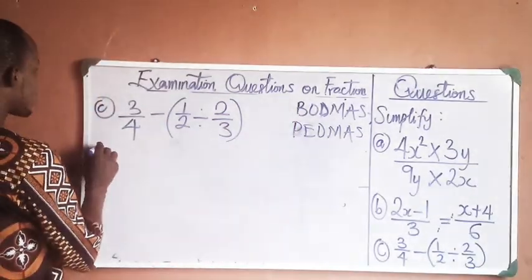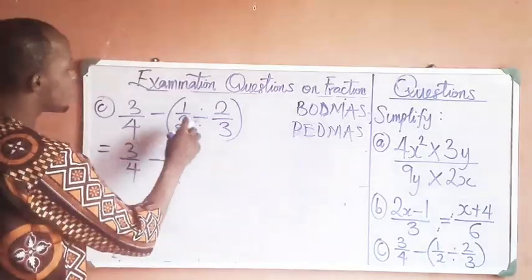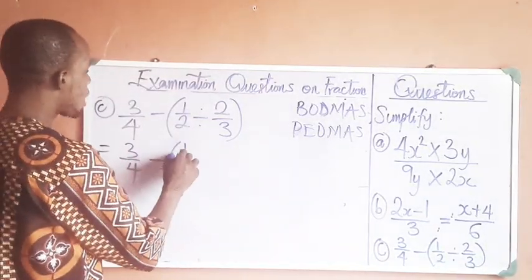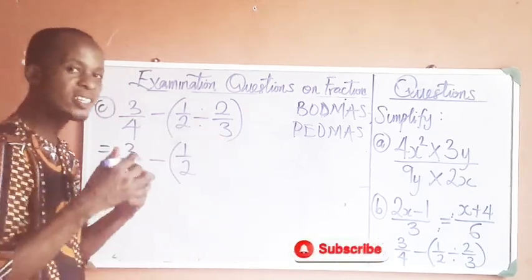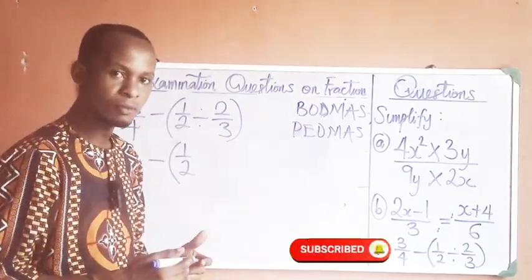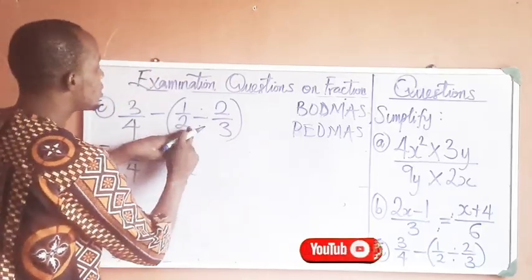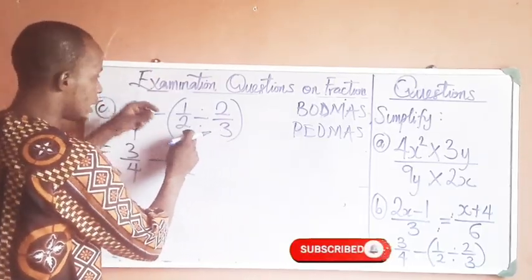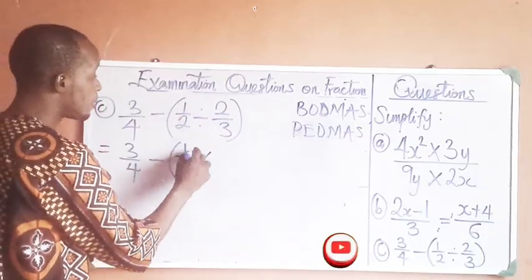Okay, so what next? We have 3 over 4 minus, what do we have in the bracket? We have 1 over 2 divided by 2 over 3. Now, in division of fractions, there is a simple method we follow. If you are asked to divide two fractions by each other, simply change the division sign to multiplication.